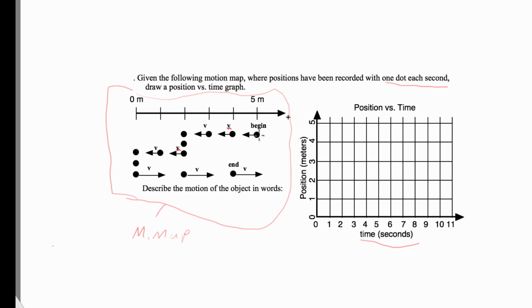So if something starts at 5 meters at 0 seconds, well, I'm going to make a guess that the beginning is at 0 seconds, but again, that's kind of arbitrary. But I'm going to state that the beginning is 0 seconds.